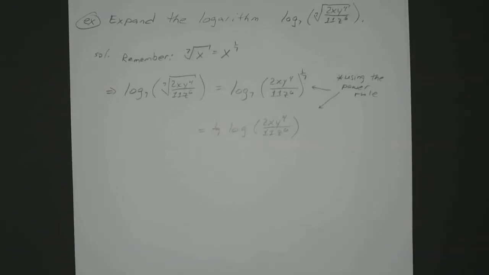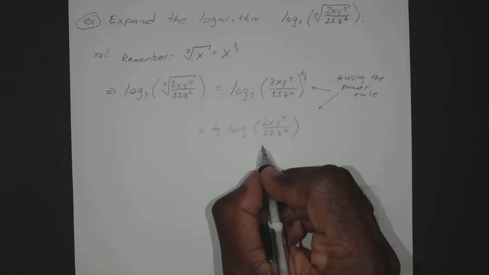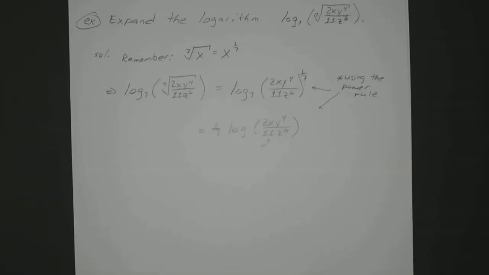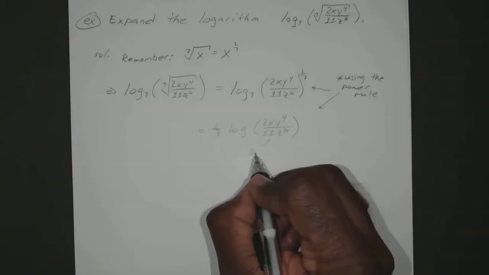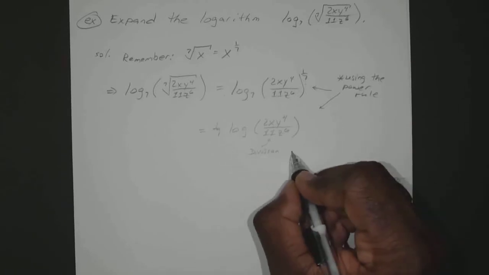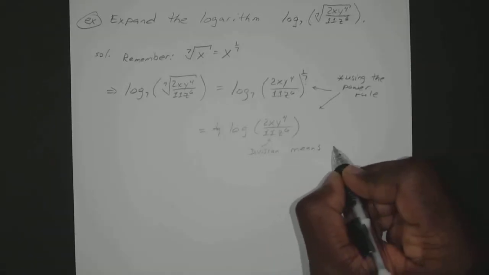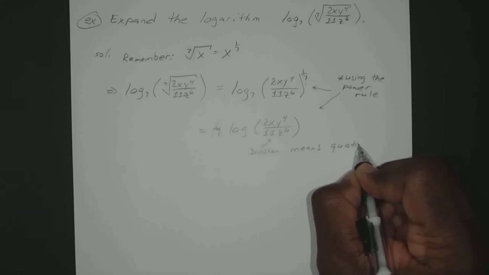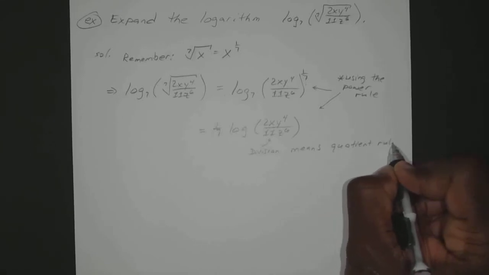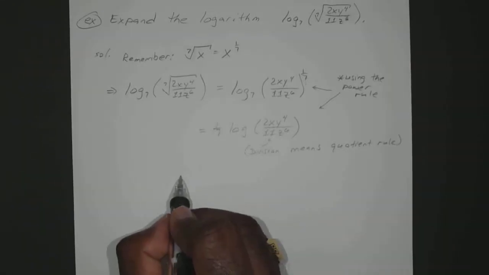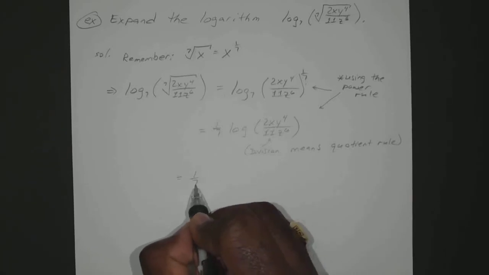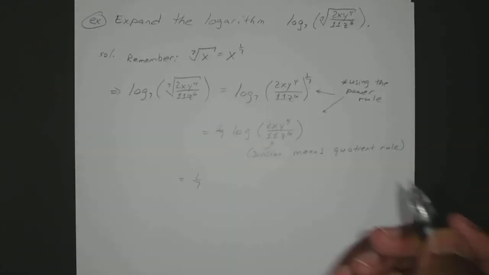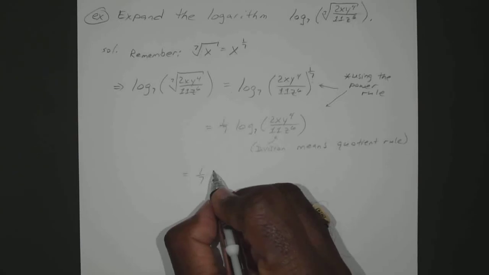Okay. So now on this one, we have our division. So division means quotient rule. So now that becomes 1 over 7. Uh-oh, forgot the log of base 7.